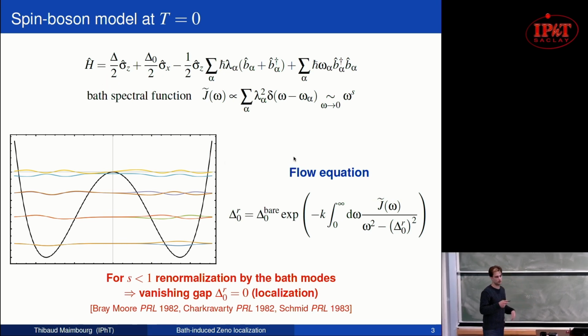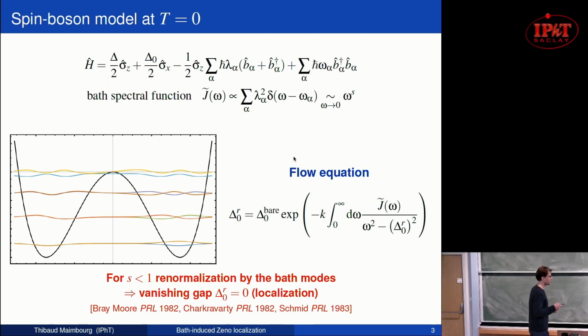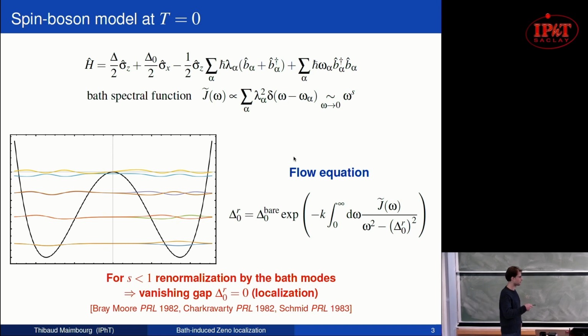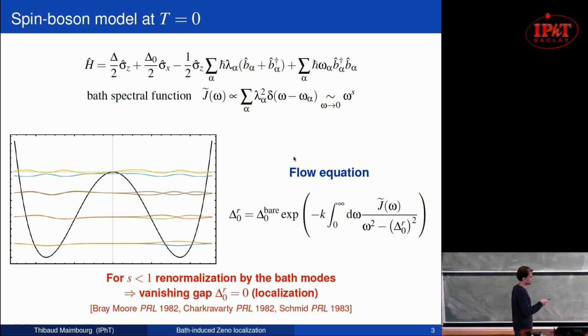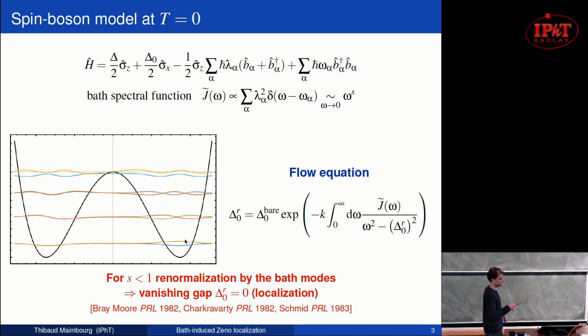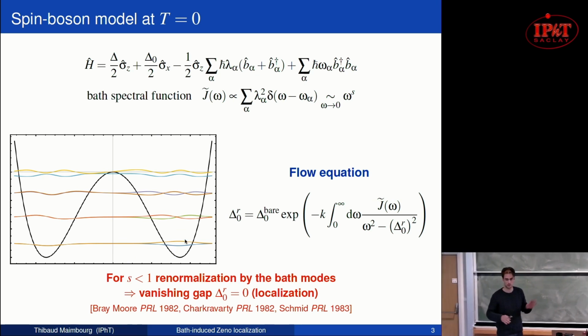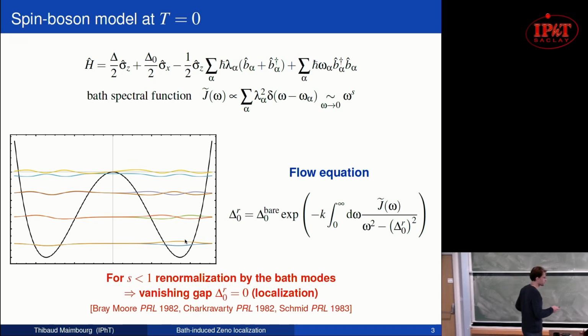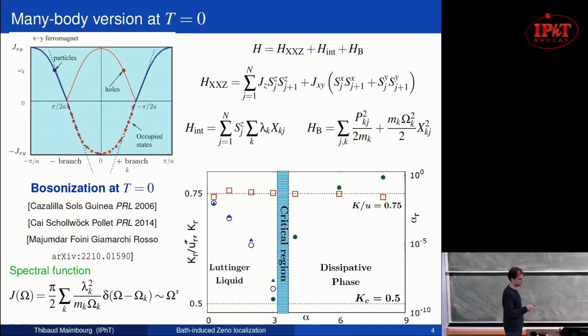So you get a flow equation, and what you can show is that for s less than 1, the tunneling amplitude vanishes. So this means that you have localization in one of the two wells, basically where you start, because you don't have any more tunneling. You stay quenched in one of the two wells. So okay, this is maybe the most well-known example.